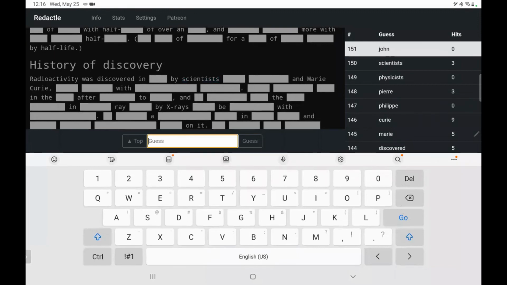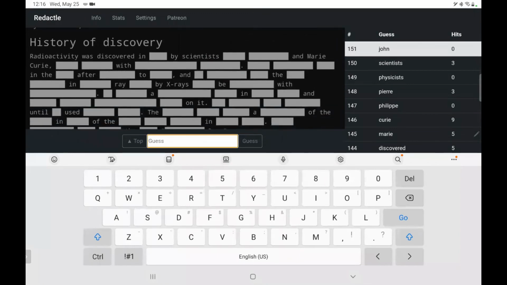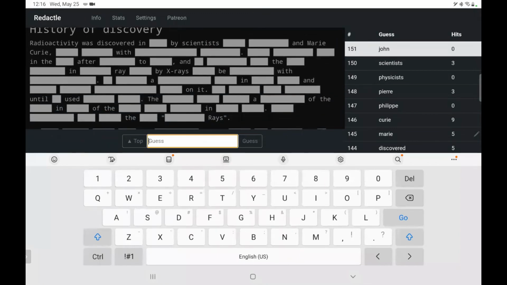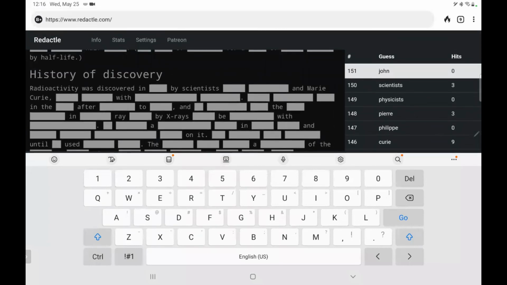No. Bill Haley. What's the end of that first sentence? After Marie Curie, something something with something something. So what tools were they using?